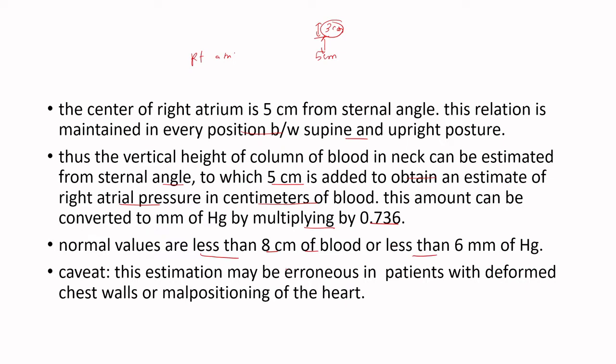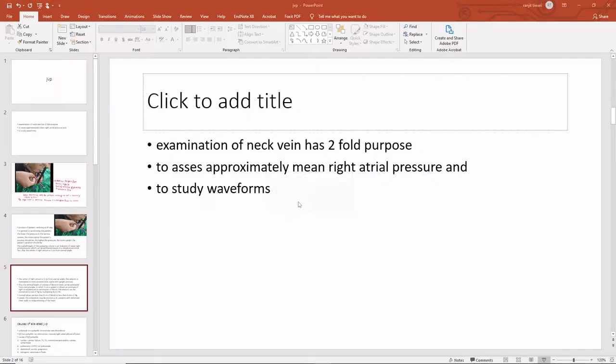One caveat: this estimation may be erroneous in patients with deformed chest walls or malpositioning of the heart. Before moving forward, I would like to play one video that will give you information on how to measure JVP. Let's play this video.